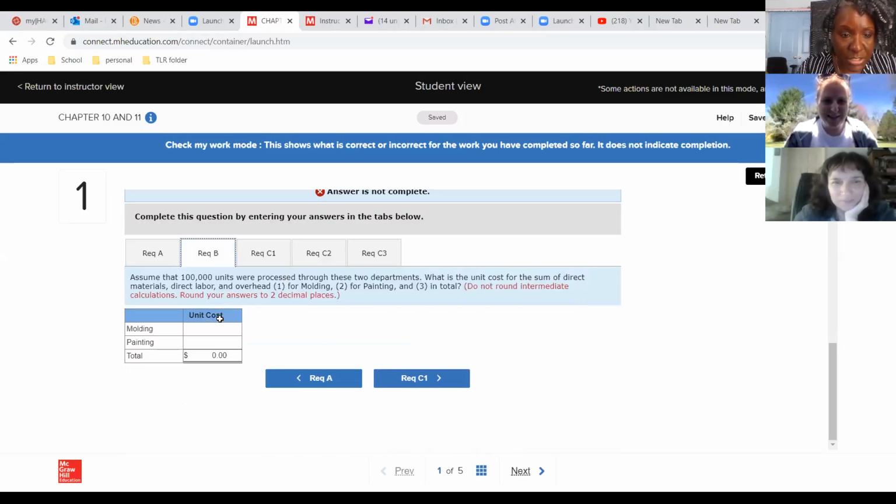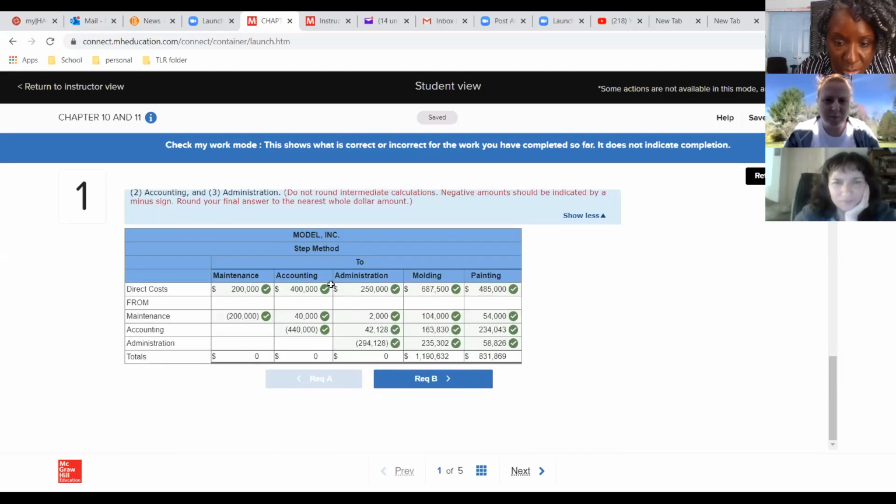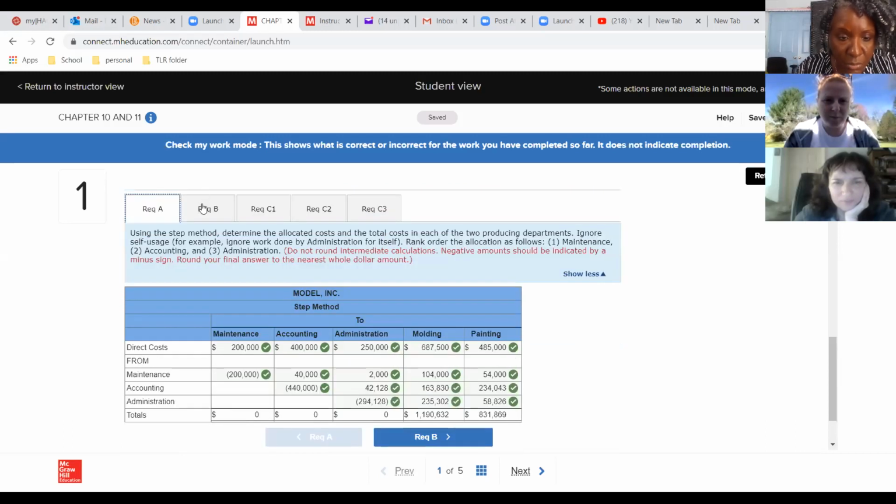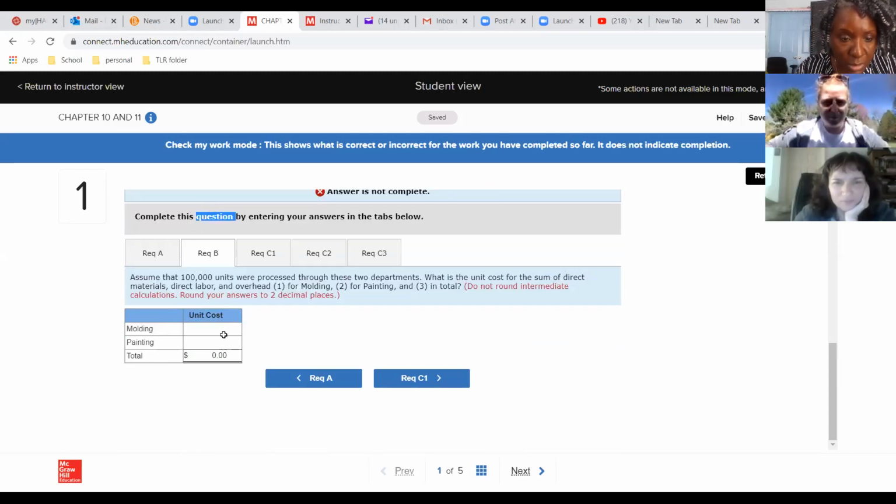Okay. Part B is asking us basically what the unit cost would be, but we need to figure out molding. Molding is 1,163,200. Let's put it in here.